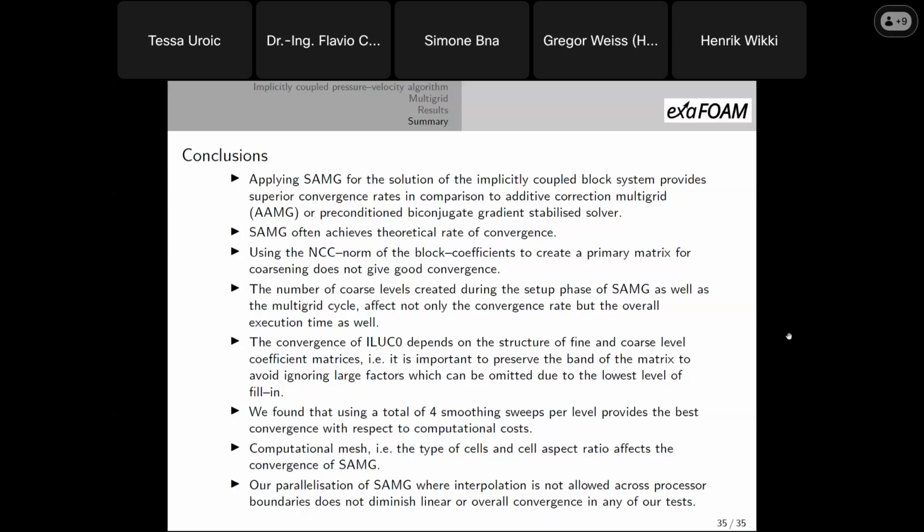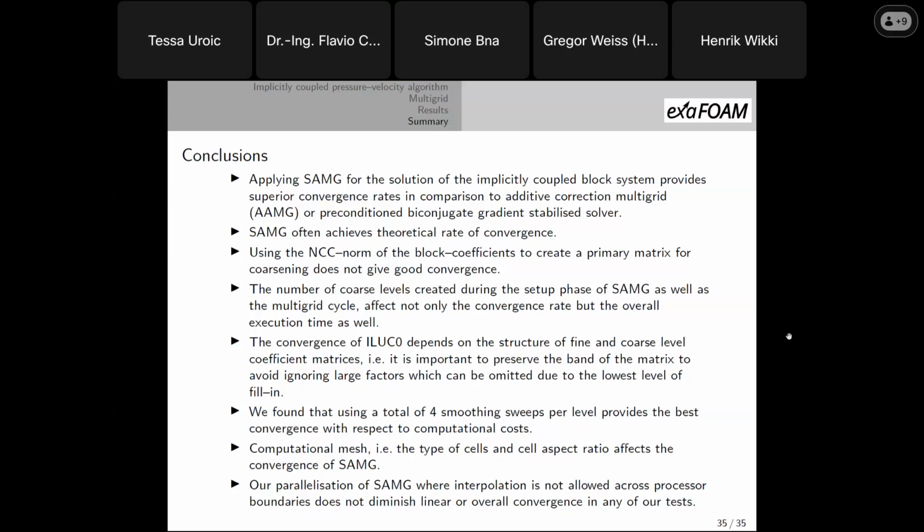So the number of coarse levels is not controlled by the user. It is done naturally in the coarsening phase. And we only control the number of cells on the coarsest level, where we expect the error to be completely eliminated. But this can affect the execution time. So sometimes I have done tests by limiting the number of equations to a higher number.